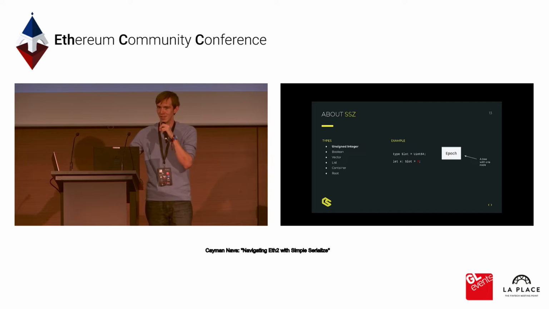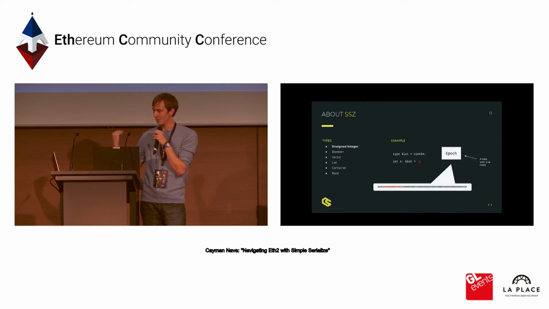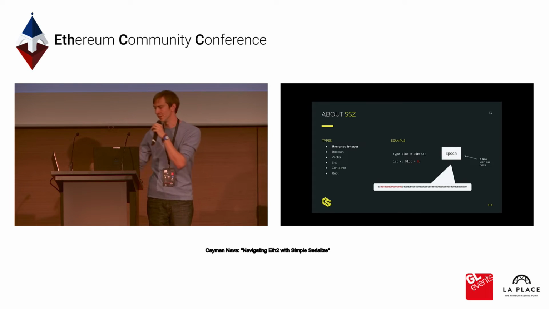So if we were to represent this as a tree, this would be a tree with one node. It's a very uninteresting kind of tree. And we could serialize that data. Each node in the tree is 32 bytes. So the red section is where the actual data is, and the rest is padded with zeros.